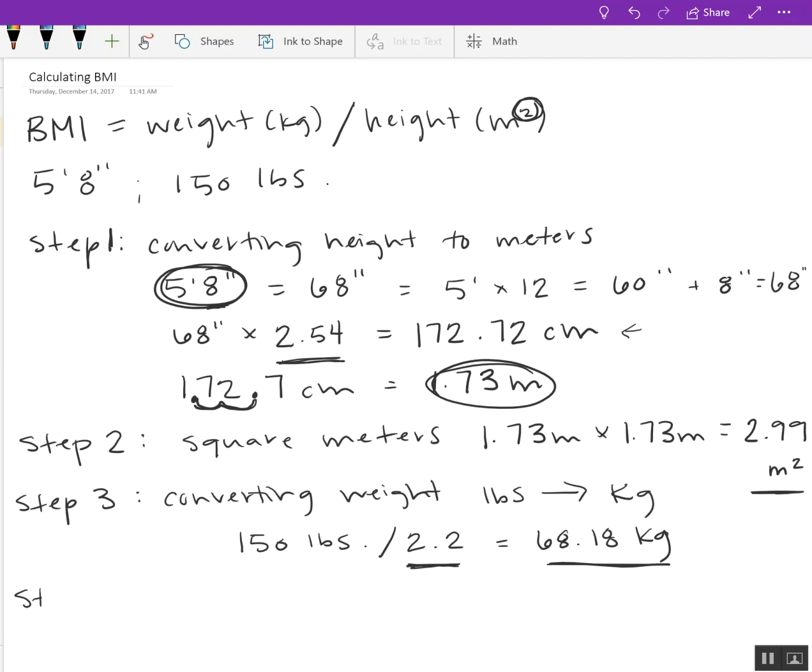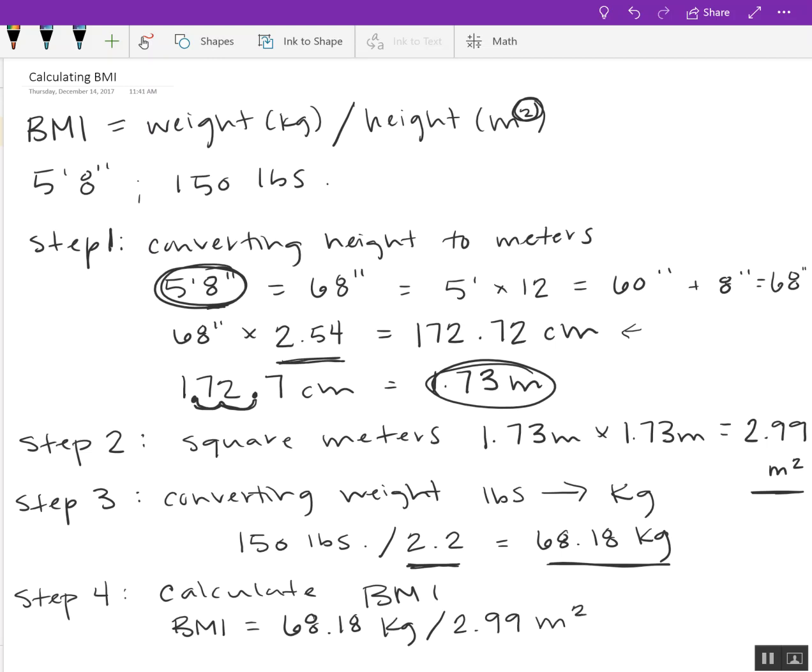Step 4 is the grand finale. We calculate BMI. BMI equals weight in kilograms, so 68.18 kilograms, divided by height in meters squared, which is 2.99 meters squared.